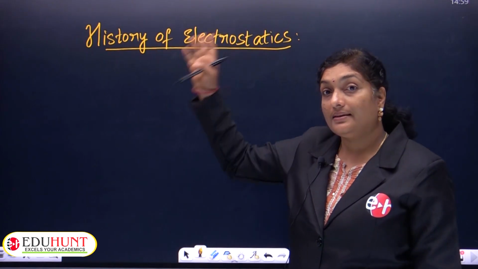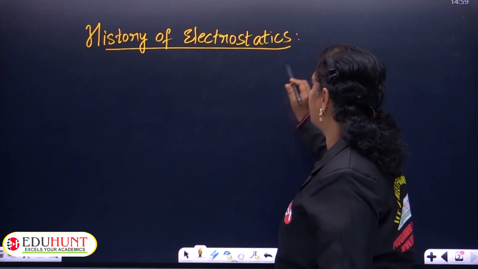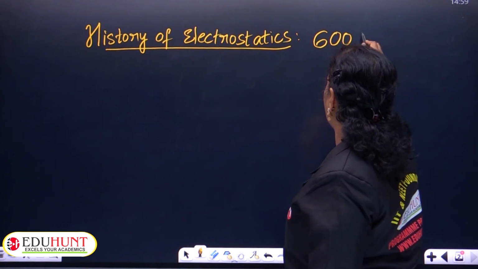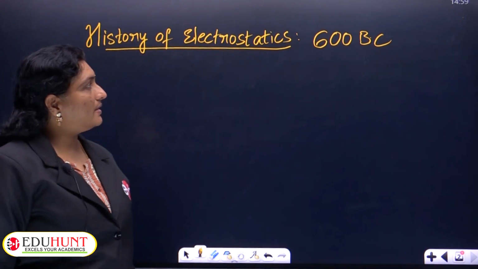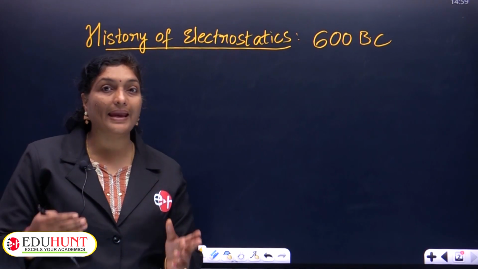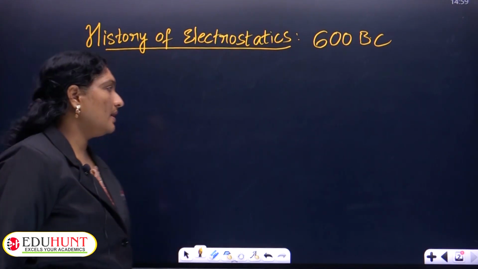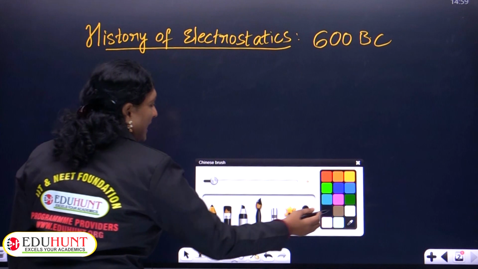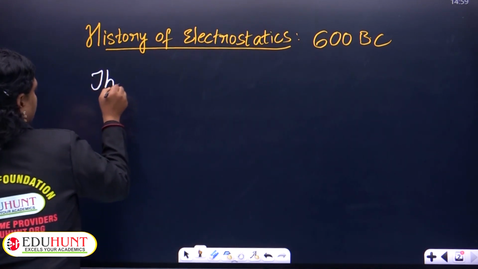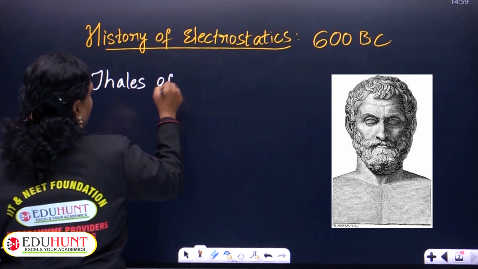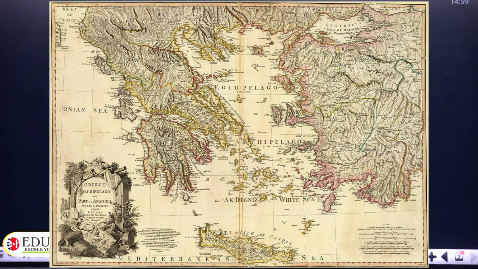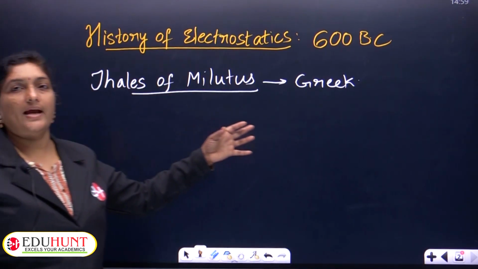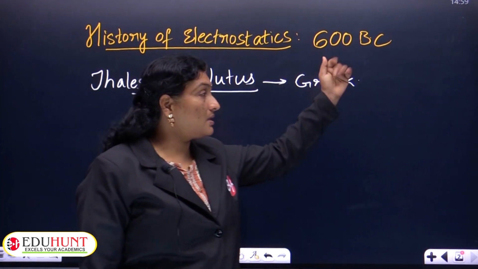The concept of the history of electrostatics was introduced in the year 600 BC itself, and the main credit goes to Thales of Miletus, from Greece.